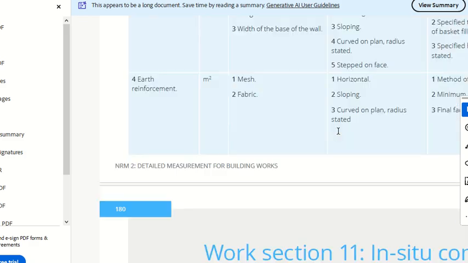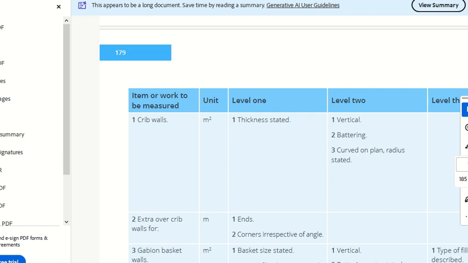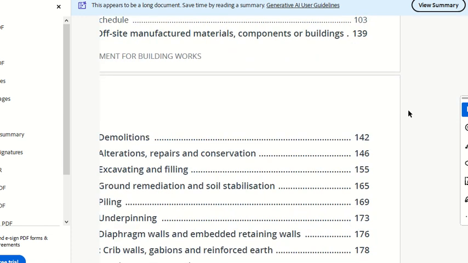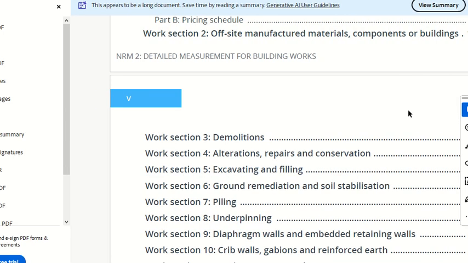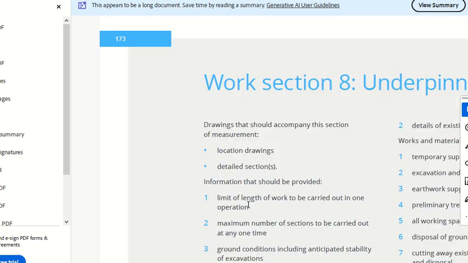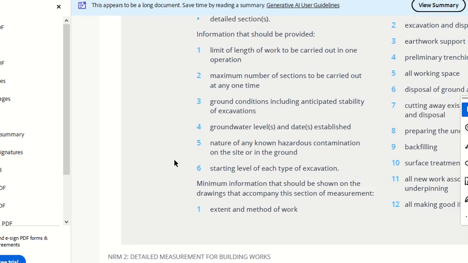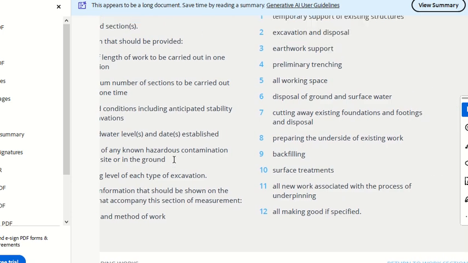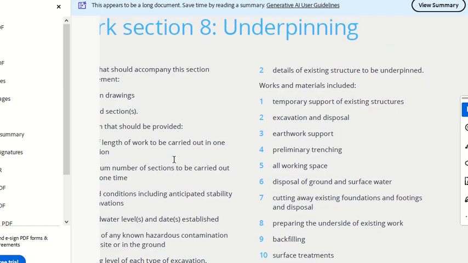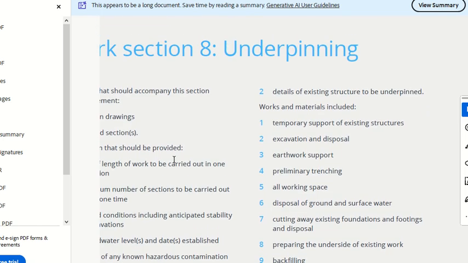Can you check 8? What was 8? It was underpinning, what we saw concrete there. 8 is this one. Backfilling, underside, excavation.